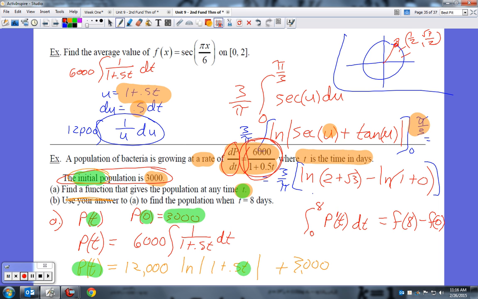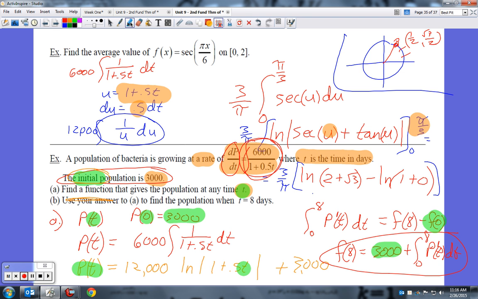The way you'd probably see this on the AP exam is f of 8, or f of x, is equal to 3,000 plus the integral from 0 to 8 of the derivative function with respect to time. They'll give it to you where it's all by itself, and that f of a value is now on the right side, the same side as the integral.